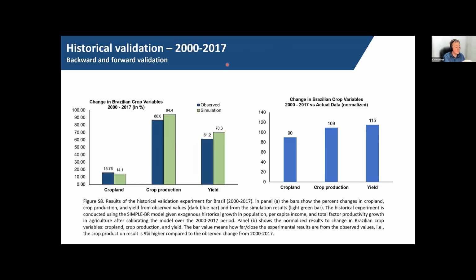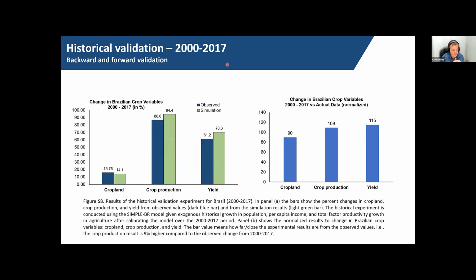And the idea is that with this new database, the elasticities, the cost shares, the parameters, and all these features in the model should be able to reproduce the same observed values, or at least close, for the main variables in 2017.